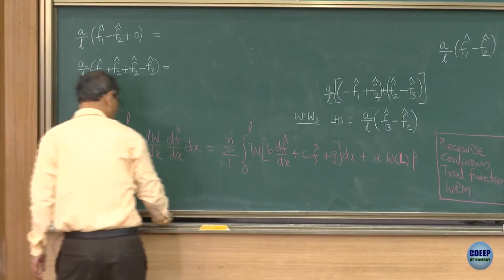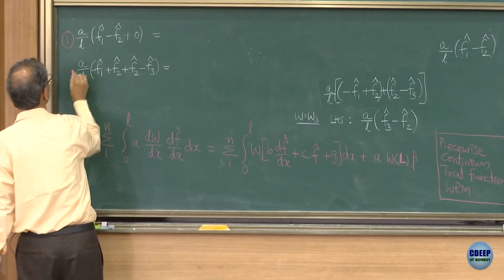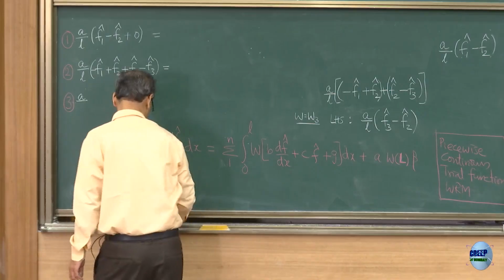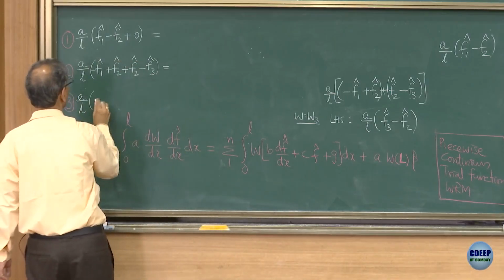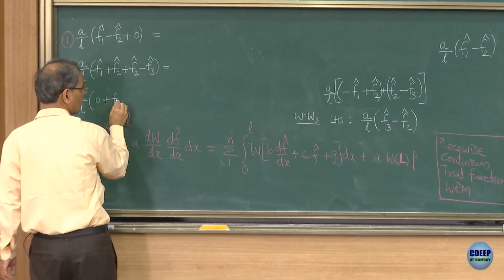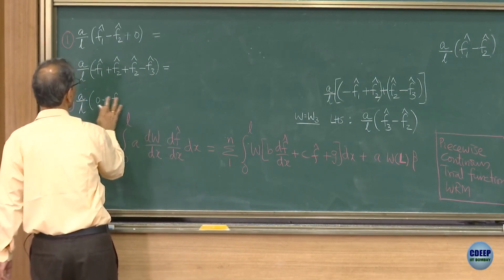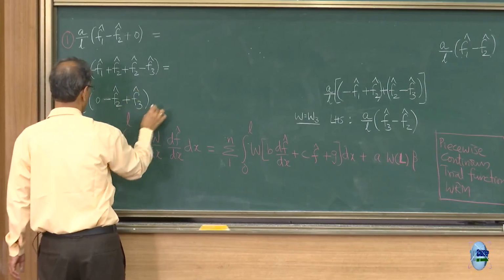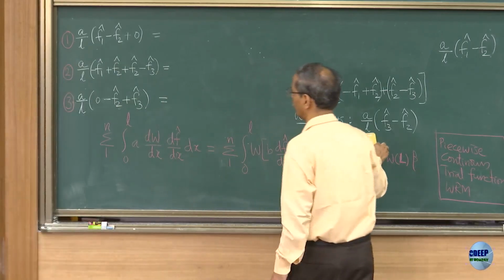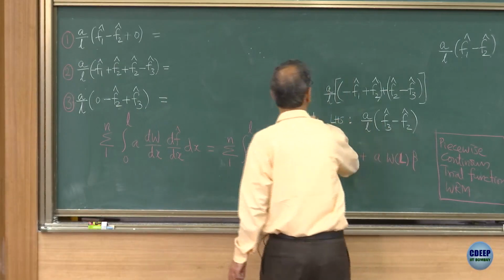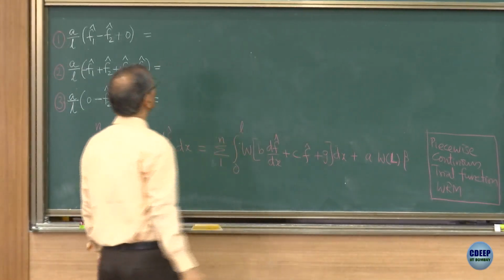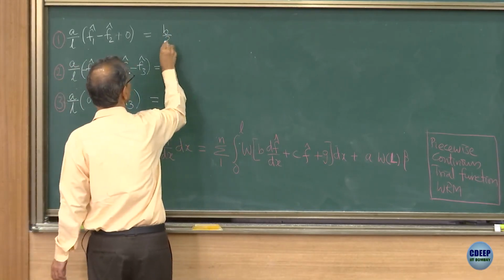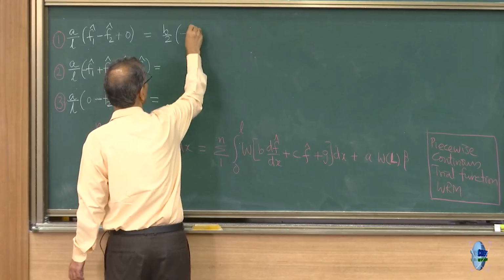So this is my first equation, this is my second equation and third equation. Minus F2 plus F3, correct. Now right hand side, first term I already have, B by 2 minus F1 hat.